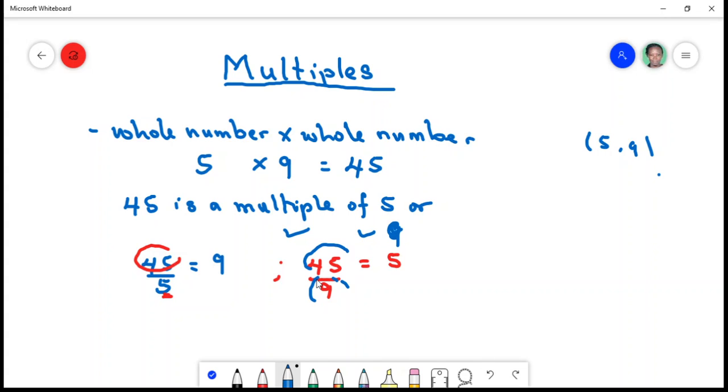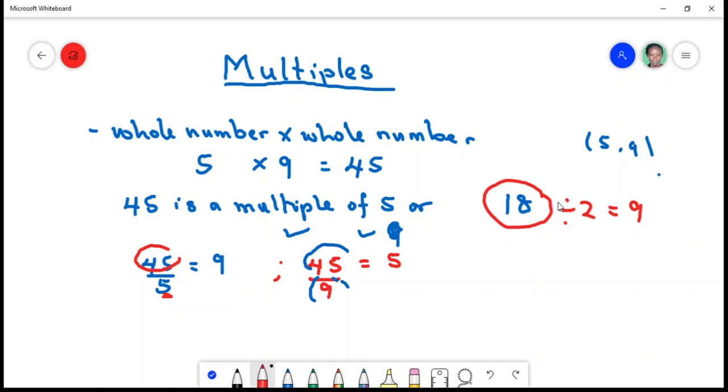Another example, if we take 18. For 18, you realize that 18 is exactly divisible by 2, because 18 divided by 2 gives 9.